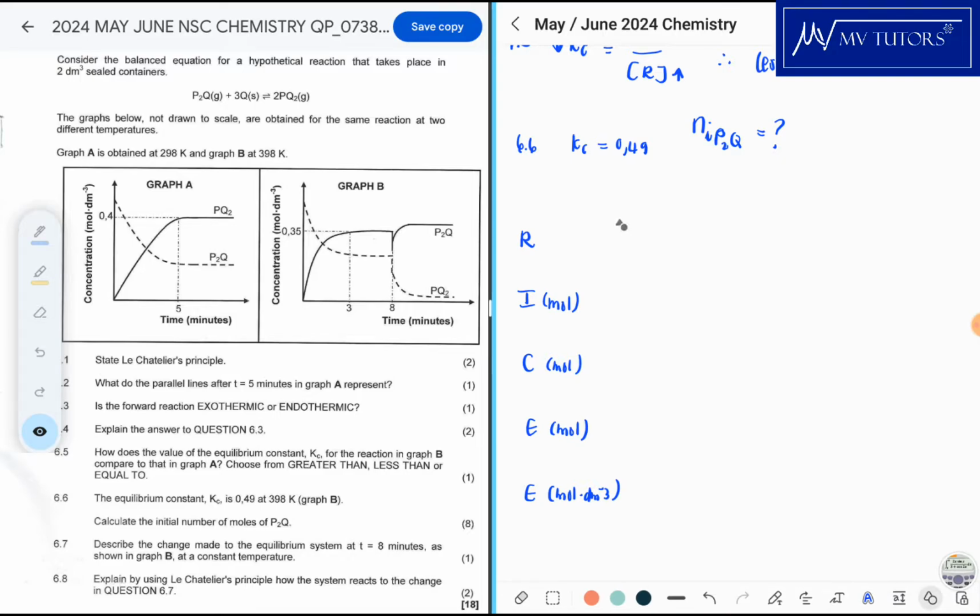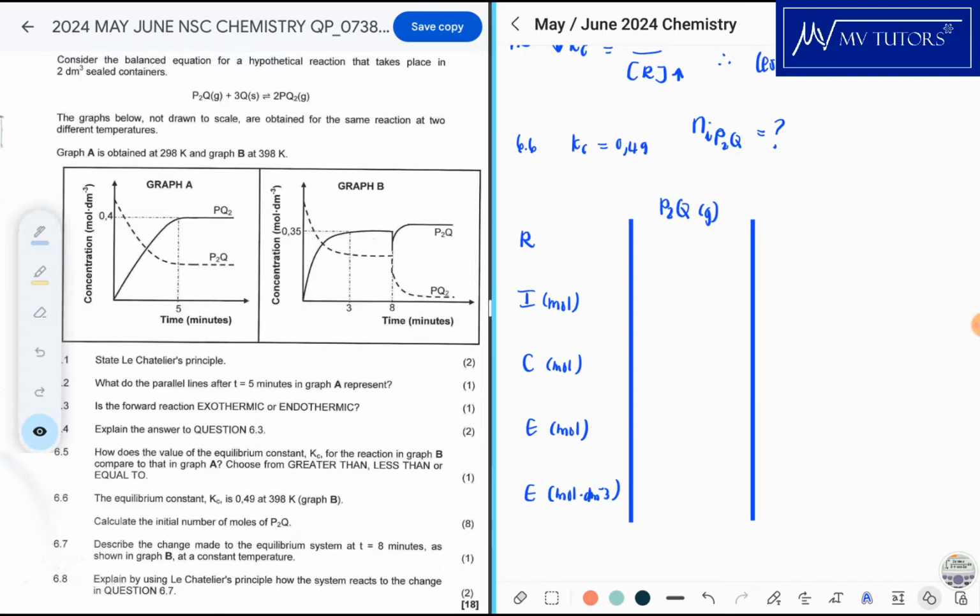So that's the ratio, and now we're going to look at our reactants. So we have P2Q, which is a gas, and then we have 3Q.